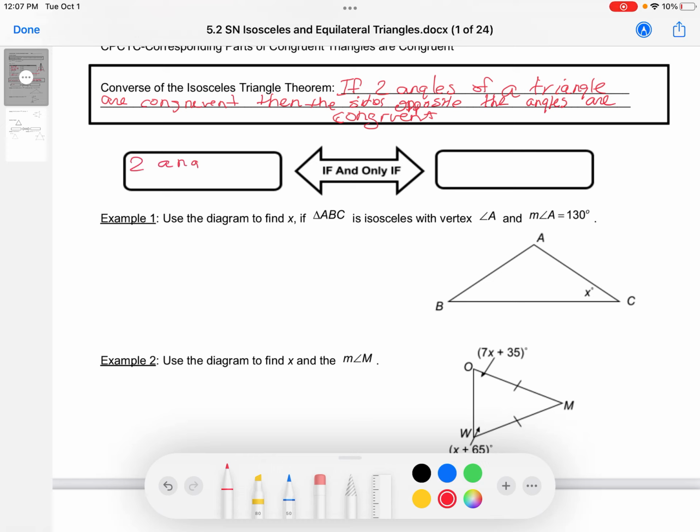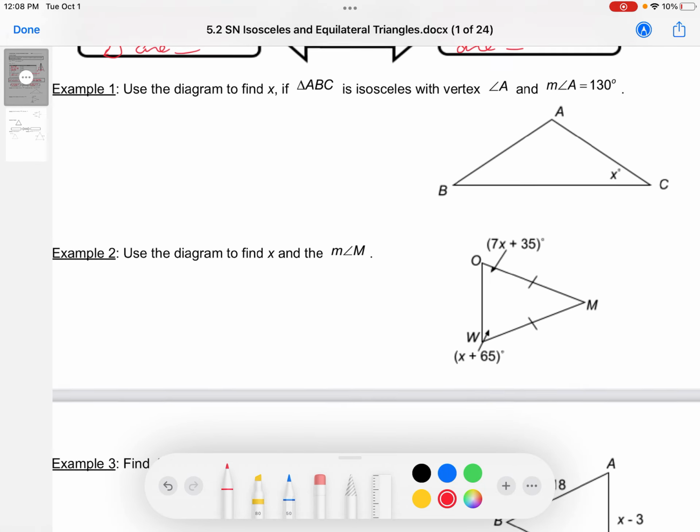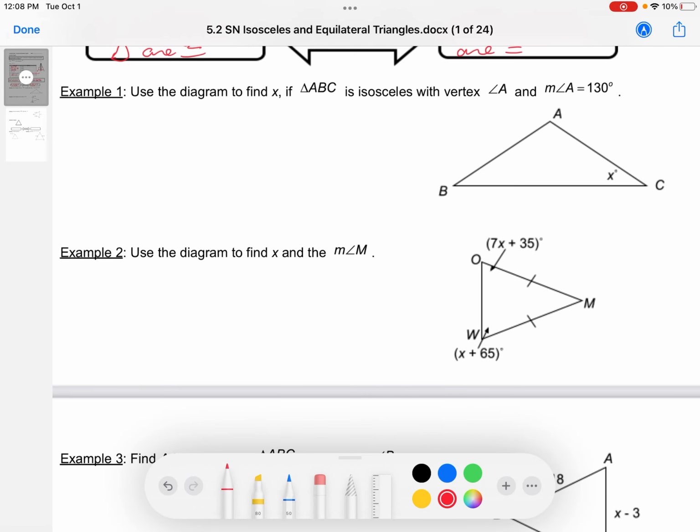So two angles of a triangle are congruent if and only if two sides of the triangle are congruent. Okay, so there's that. Let's go ahead and work this problem.